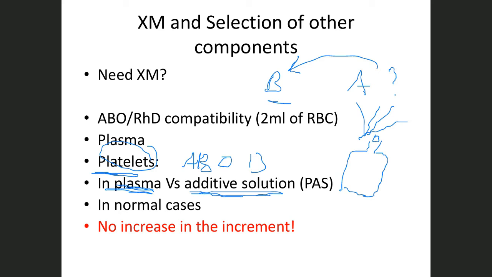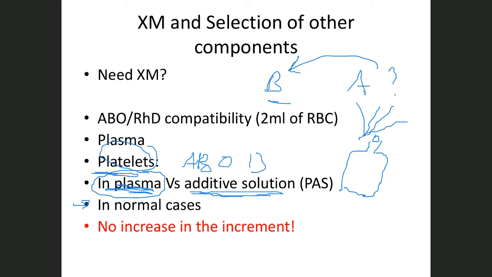For example, at King Khalid they still use platelets suspended in plasma, while King Faisal surely proudly says they use additive solution. However, in both cases, there is no need to be ABO compatible, in normal cases.